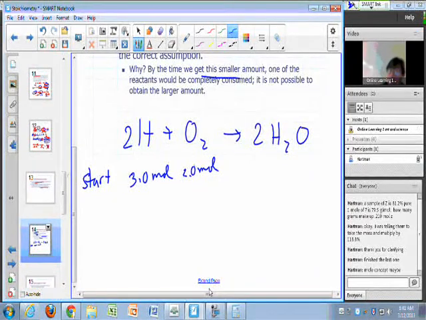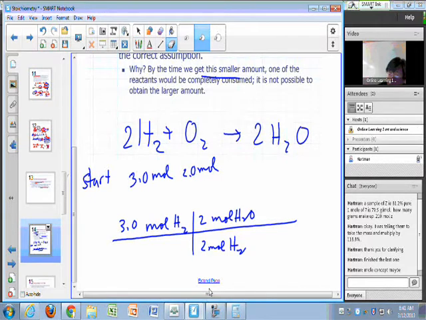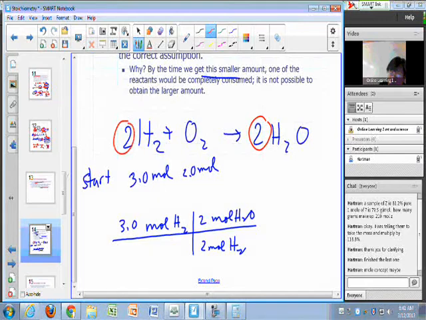Okay. So from 3 moles of H2, I can predict how much water I can make times 2 moles H2O over 2 moles H2. Okay. So this 2 is to 2. That will give me 3 moles of H2O.